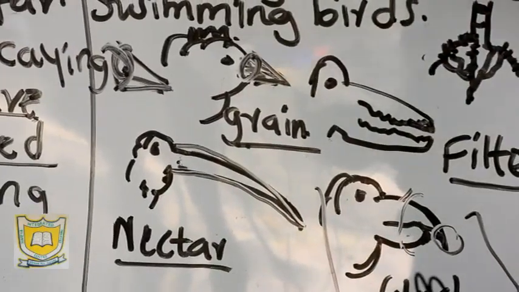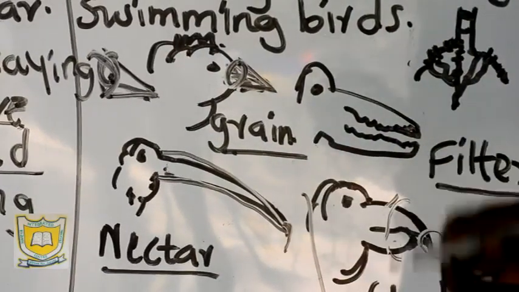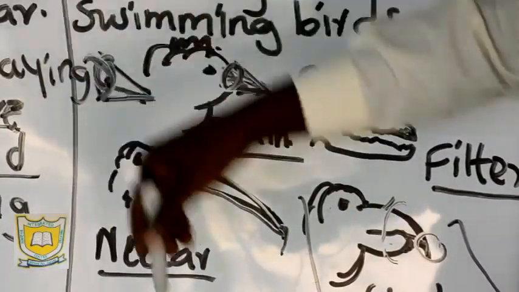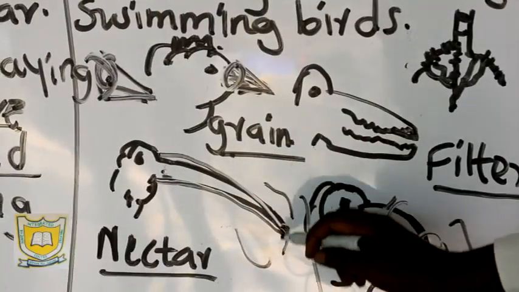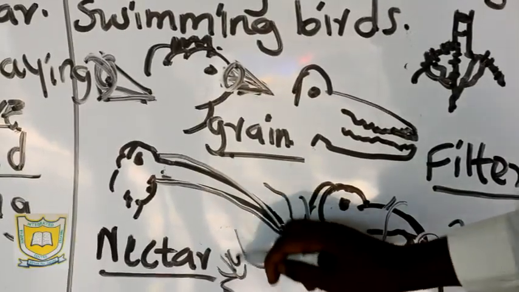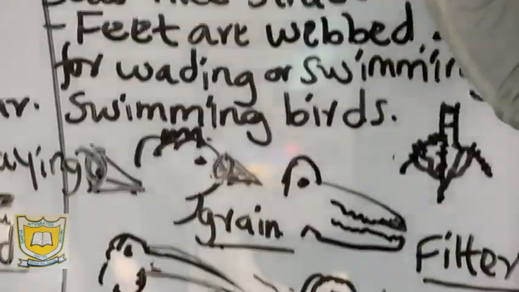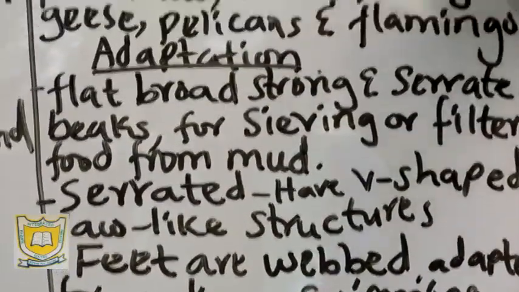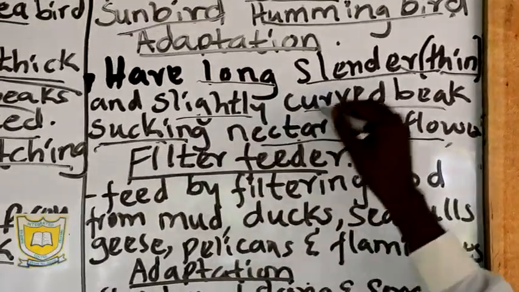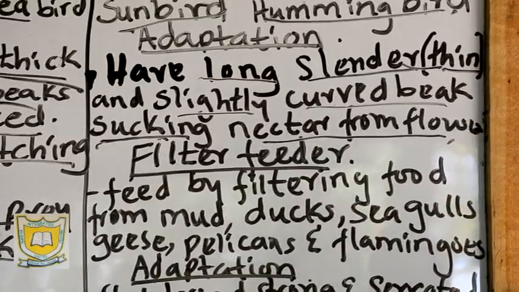This beak is curved slightly at the end, and it is also very thin, so that it can enter deep. If this is a flower here, it will be able to enter until it reaches the base where we have the nectar. Hence the name nectar feeder. This beak helps the bird for sucking nectar from the flower.